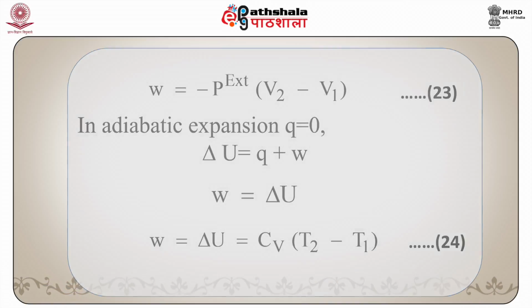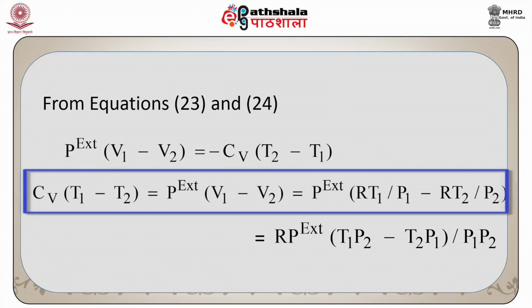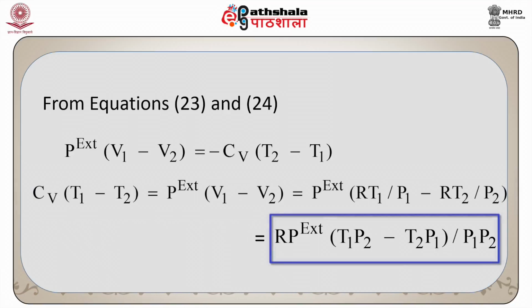So, from these two equations, P external into V1 minus V2 will become equal to minus Cv into T2 minus T1, or Cv into T1 minus T2 is equal to P external into V1 minus V2, which is equal to R P external into T1 P2 minus T2 P1 upon P1 P2.